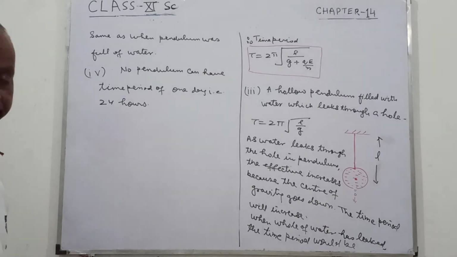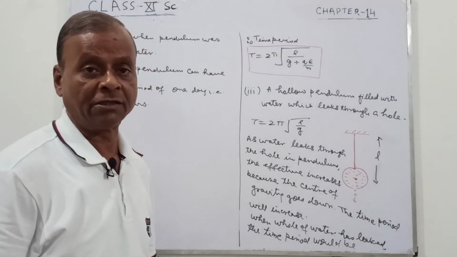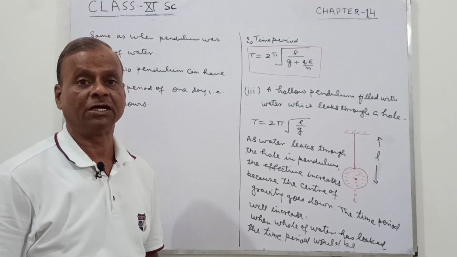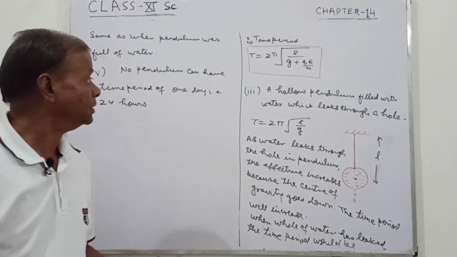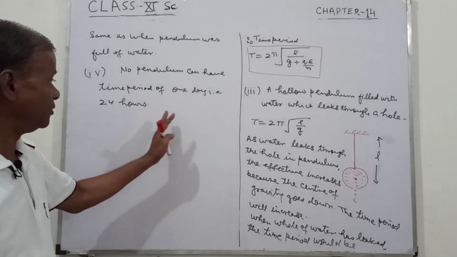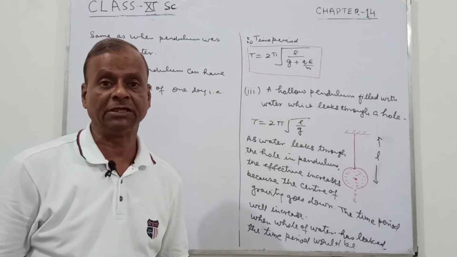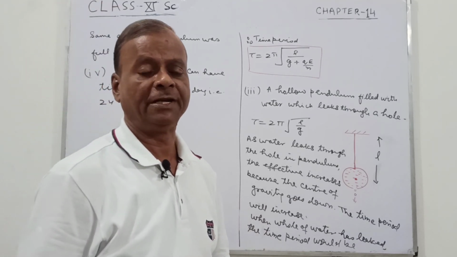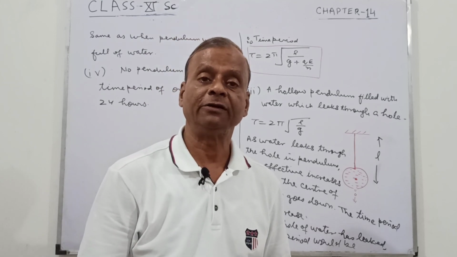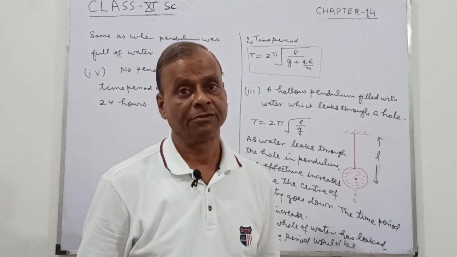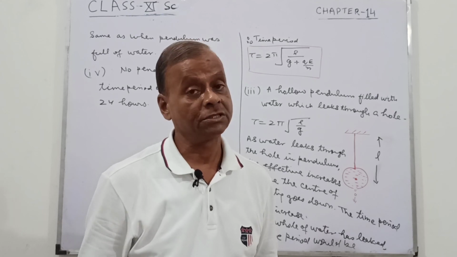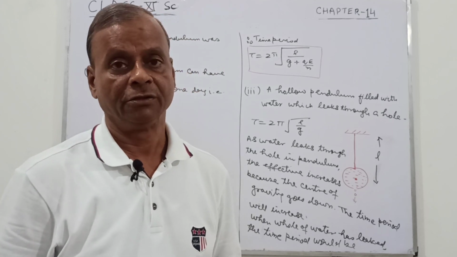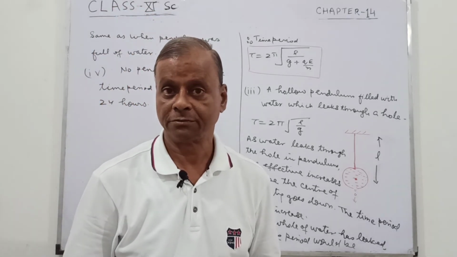This is not possible, because if so, then the length of the pendulum will be many times the radius of the earth. I told you that even when the length is infinity, the time period of the pendulum is 84.6 minutes. So no pendulum can have a time period of 1 day or 24 hours.